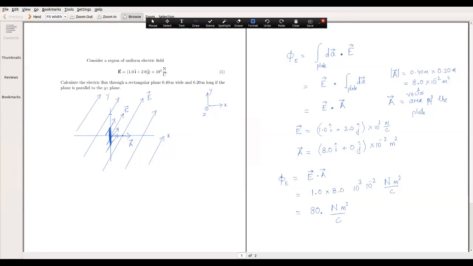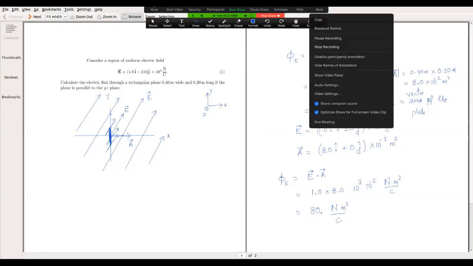That hopefully describes an example where we calculate the electric flux, and illustrates how electric flux is an important quantity. Let me stop the recording here.